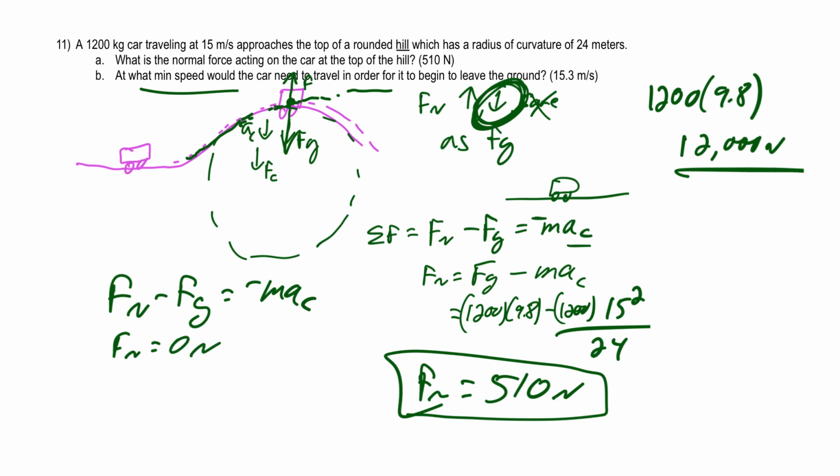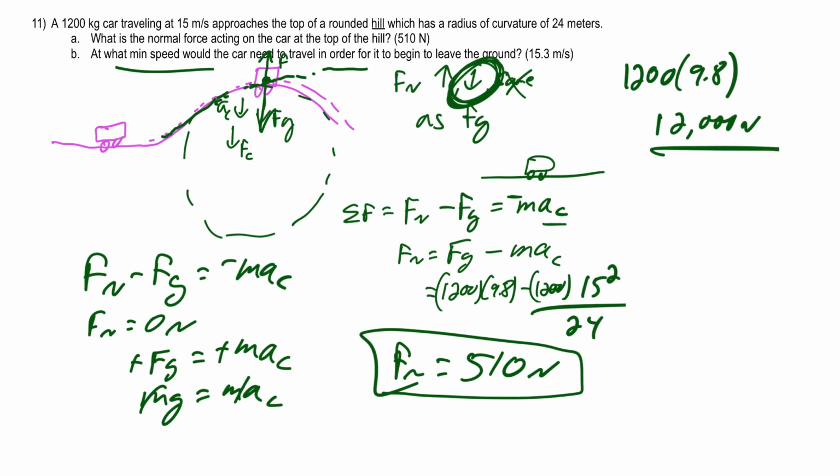So when we barely leave the surface, we're going to say it's approaching 0. So therefore, negative Fg should equal negative MAC, or positive if we want. So mg should equal MAC, masses cancel, g is essentially equal to AC.